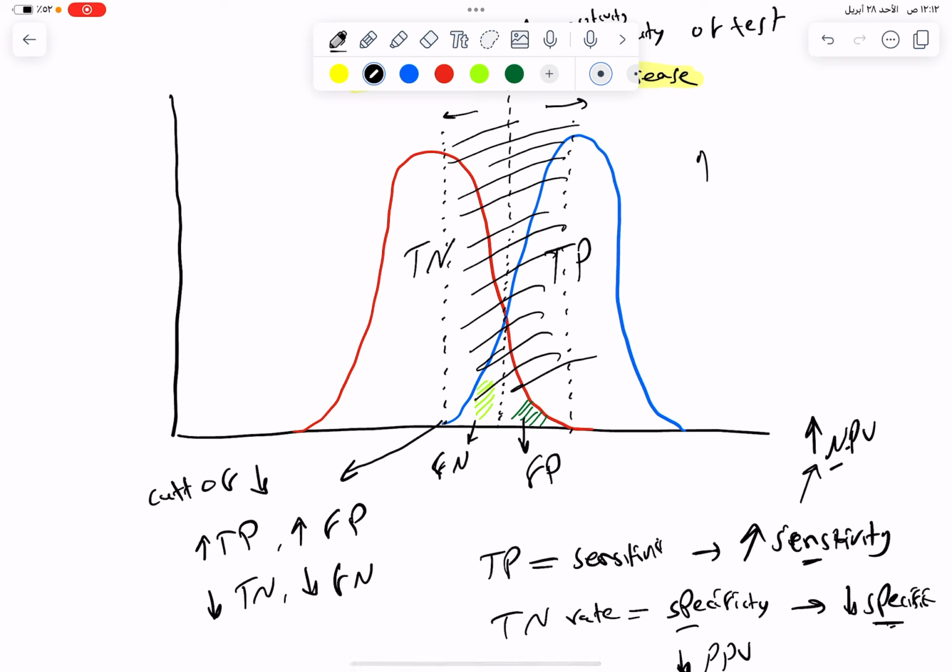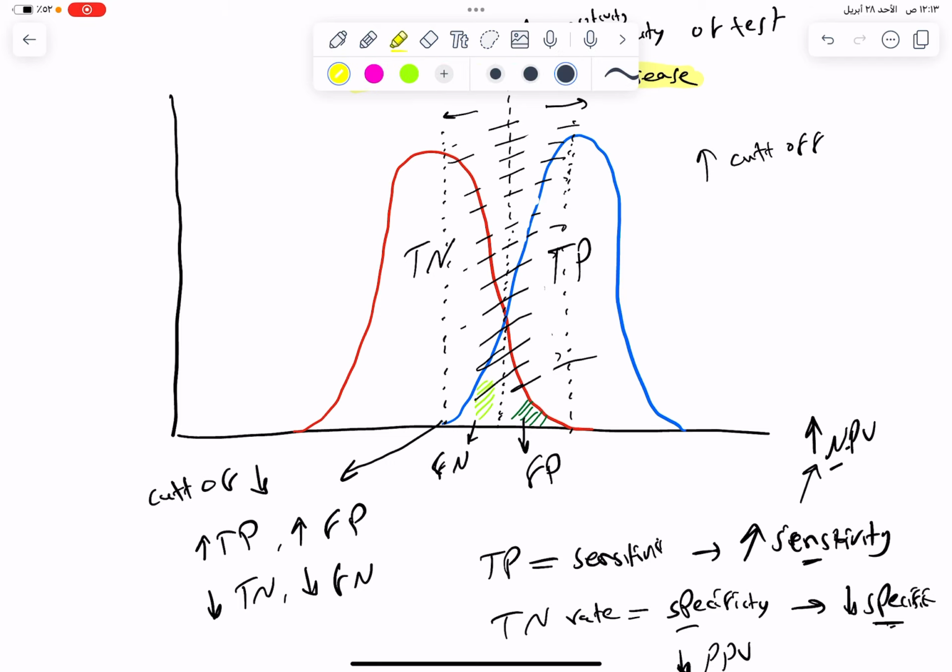If we increase the cutoff, in this example, I must change the drawing. Anyway, if we increase the cutoff value, for example, we increase this cutoff, what will it lead to?